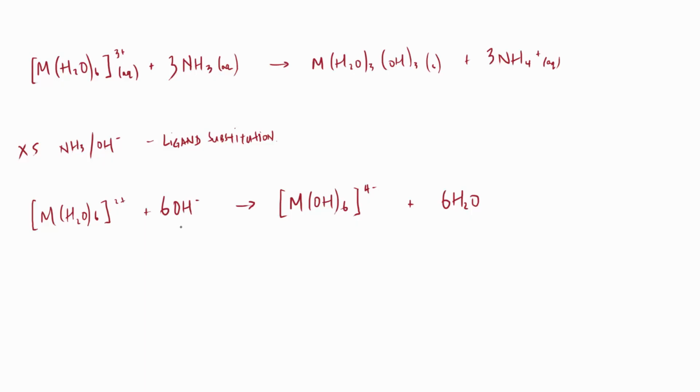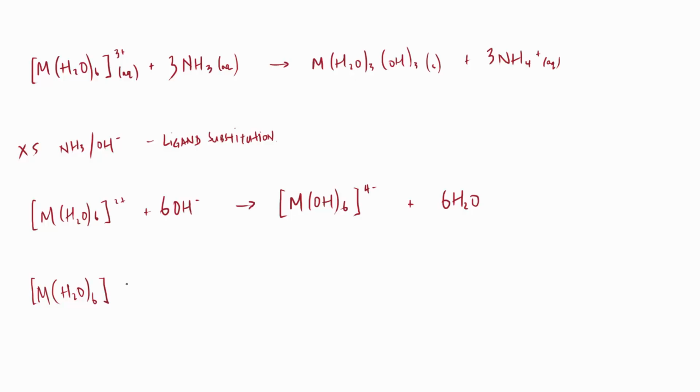This reaction is very hard to tell really that it's a ligand substitution, because it looks very similar to the previous one in that you go from H2O to OH, which could be just the loss of the H, or it could be a direct swap of the H2O for the OH minus, which both end up with the same end goal, but you don't know how you've got it, whether it's ligand substitution or not.